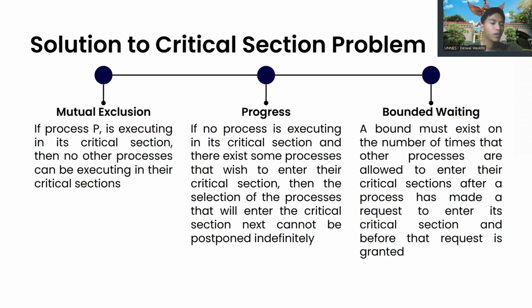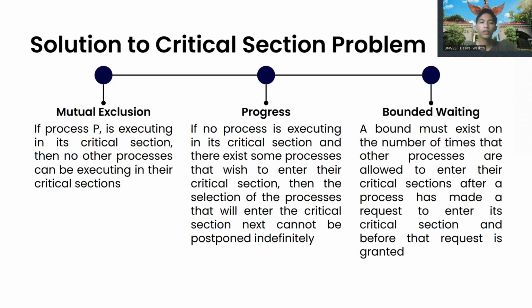To solve the critical section problem, we have three basic principles in the synchronization problem of concurrent programming. The first one is mutual exclusion. If process Pi is executing in its critical section, then no other processes can be executing in their critical section.